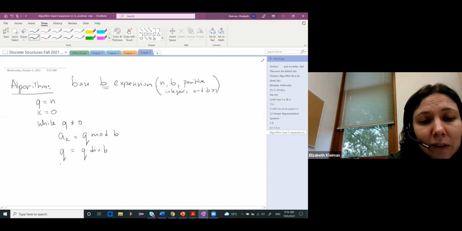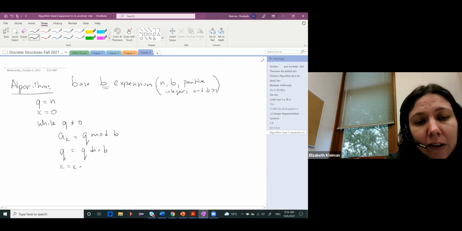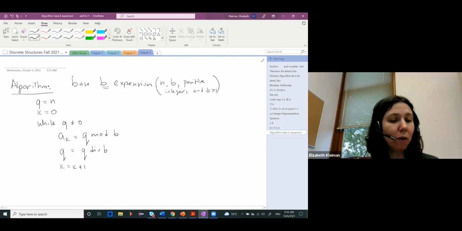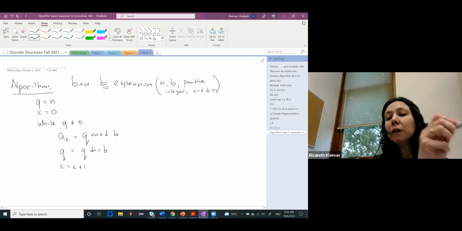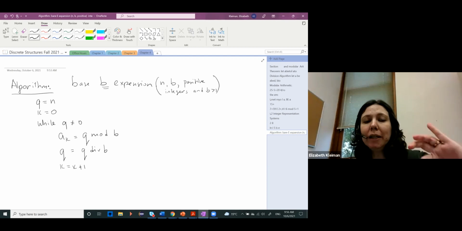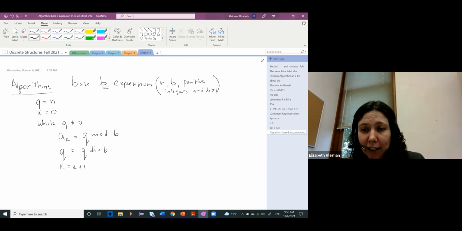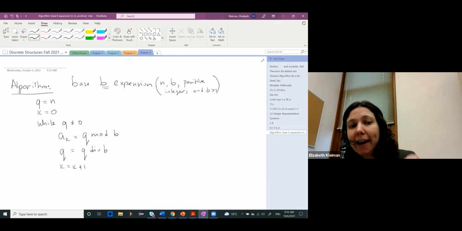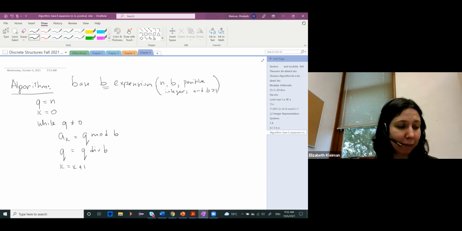And then you're going to say we need to change our K to go up, and we are going to loop here. You can see that Q is going to be changing every time, and we are going to be generating a new AK every single time.